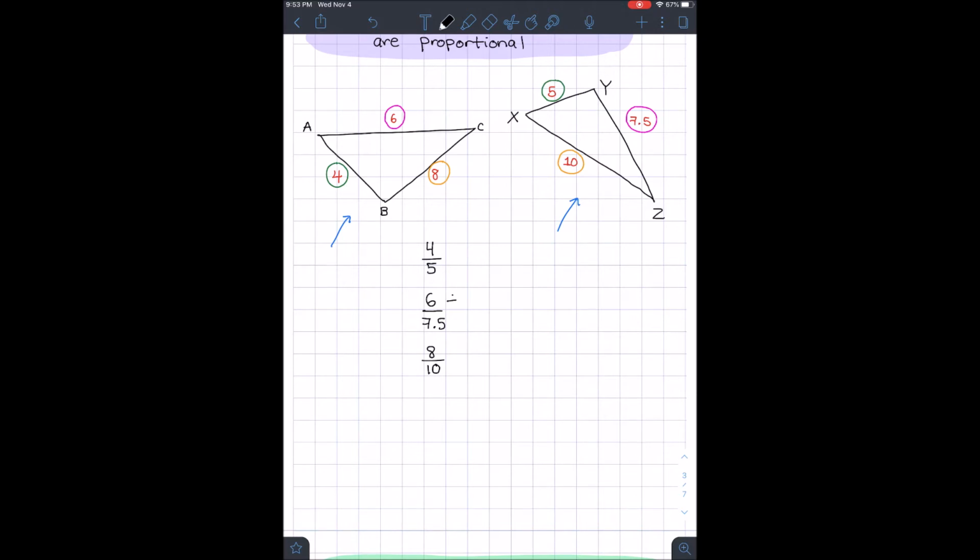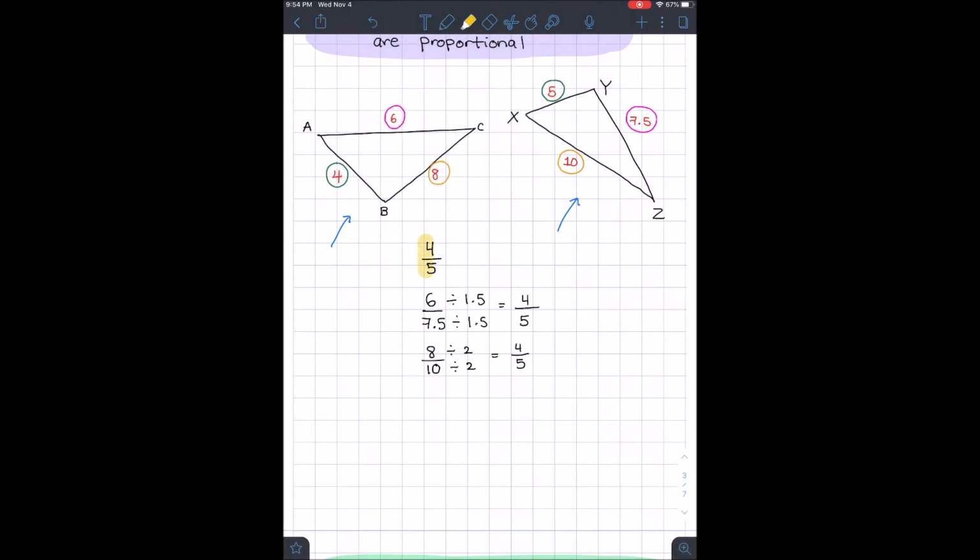If we divide the numerator by 1.5 and the denominator by 1.5, we get 4 over 5. Great. What about the last fraction? Well, if we divide 8, the numerator, by 2, and the denominator by 2, we get 4 over 5.